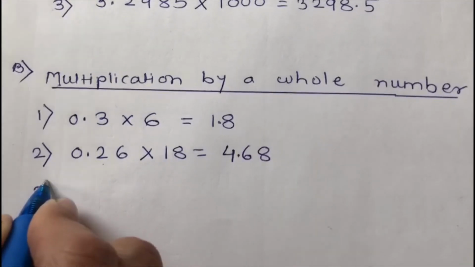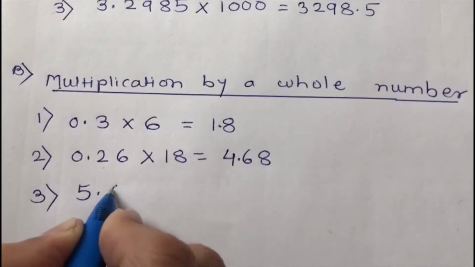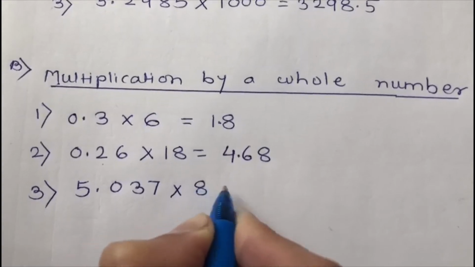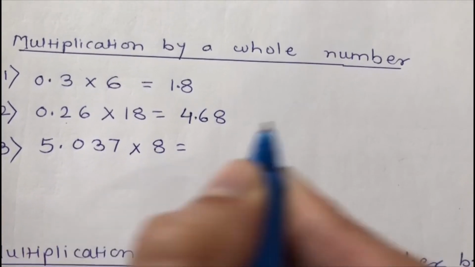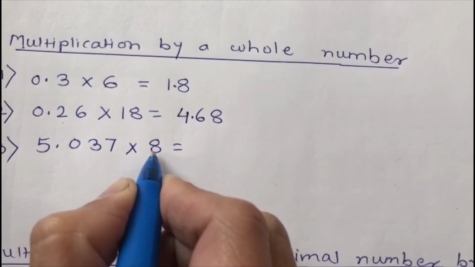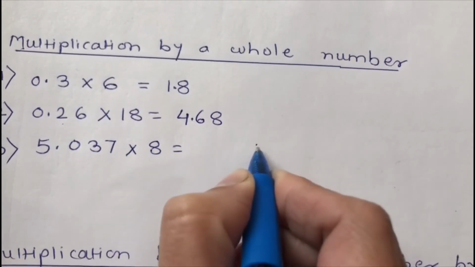Let's take another example, 5.037 times 8. Multiply this 5037 by 8. So when we multiply this number by 8, 8 7s are 56.